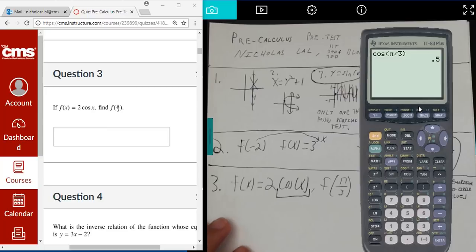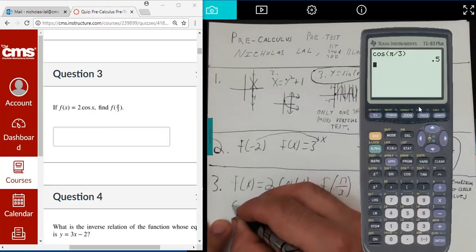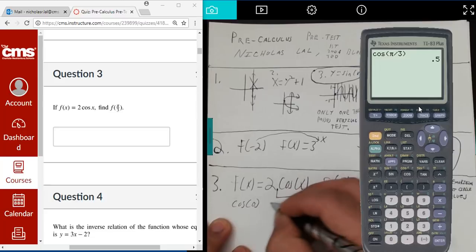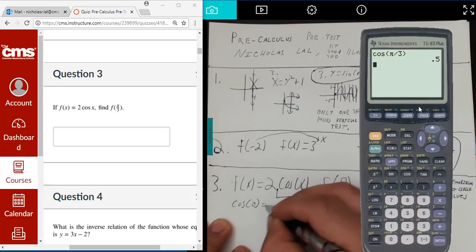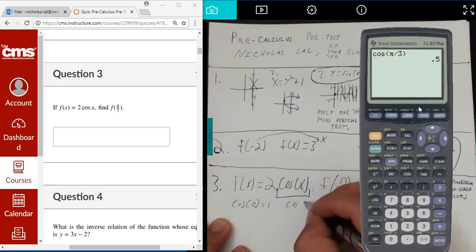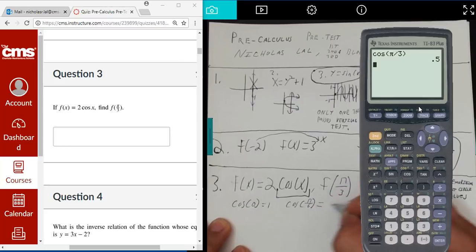And just as a refresher, the cosine of 0 radians is 1. The cosine of pi over 6 radians is √3 over 2. The cosine of pi over 4 radians is going to be 1 over √2, or √2 over 2.